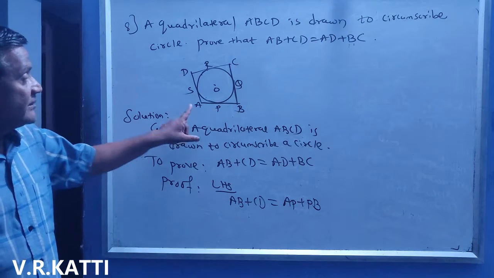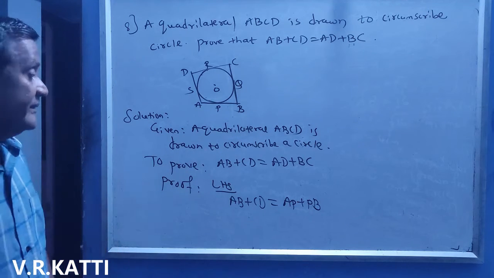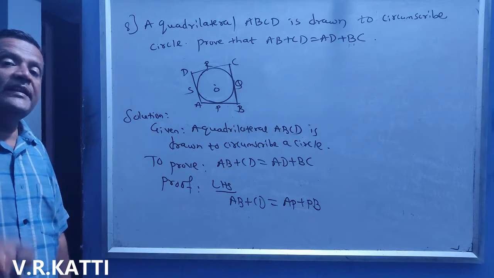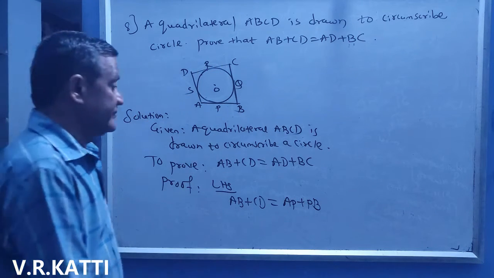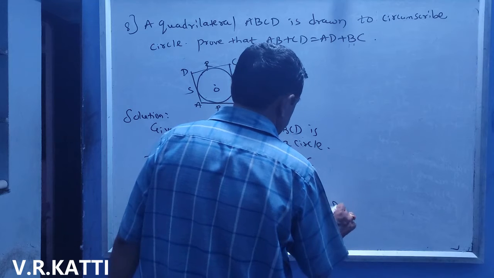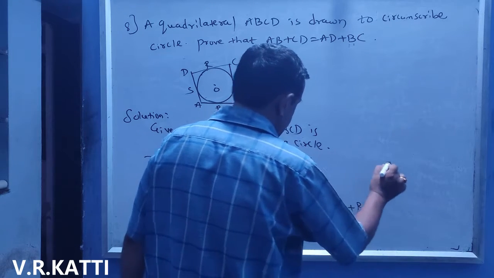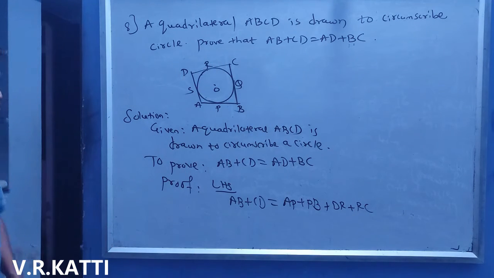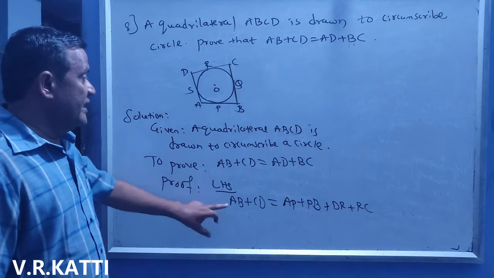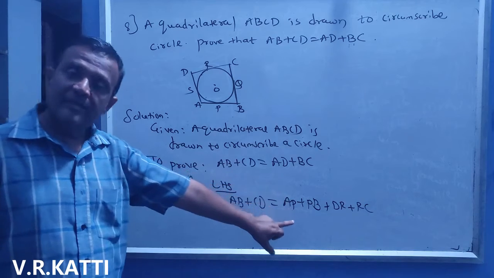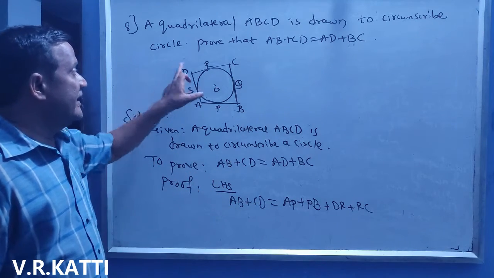What is CD? CD is DR plus RC. So AB plus CD: AB is AP plus PB, and CD is DR plus RC.